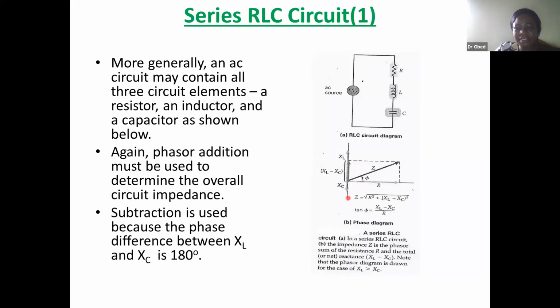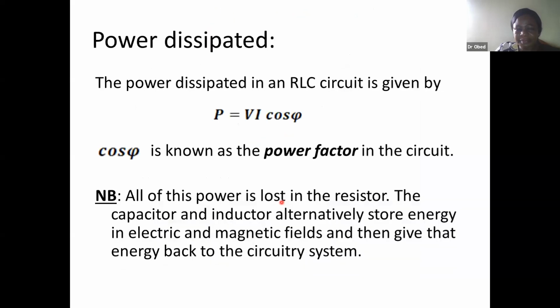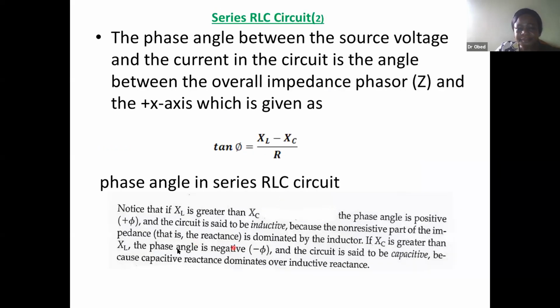If XC here is greater than XL, the phase angle will be negative, and the circuit is said to be capacitive because capacitive reactance dominates over inductive reactance. It's as simple as ABC.